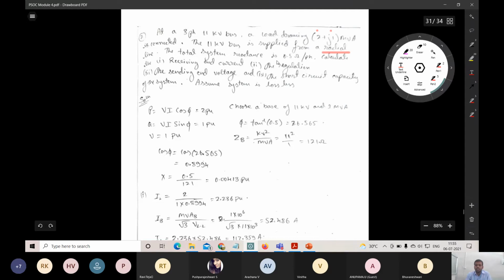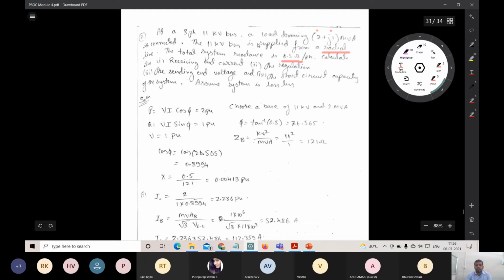The total system reactance is 0.5 ohms per phase. So this is for a 3-phase system. Calculate receiving current, regulation. Regulation is the change in voltage from no load to full load. Also sending end voltage, receiving end voltage, and short circuit capacity of the system.